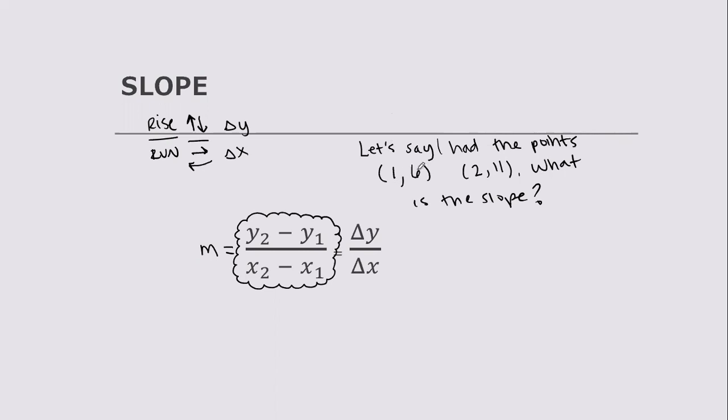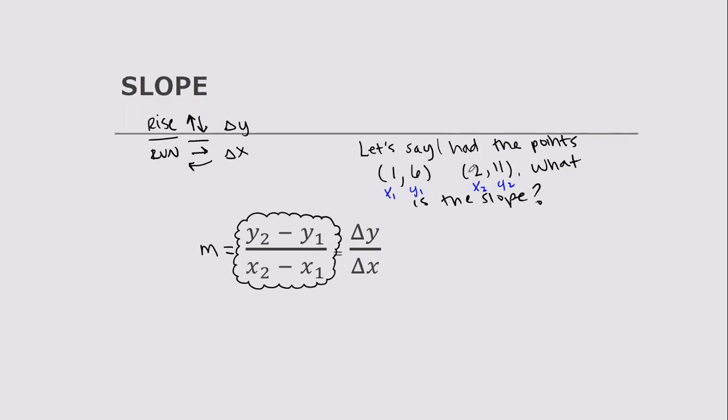These are ordered pairs, so 1 would represent an x, 6 would represent a y. So I'm going to label this x1 and y1. And these are a couple, so they go together. I can't not use these two together. So if this is x1, this has to be y1. And then (2, 11), I'm going to put this as x2, y2. I could have put this one as x1, y1, and this one as x2, y2, but it doesn't matter as long as the couple shares the same subscript.